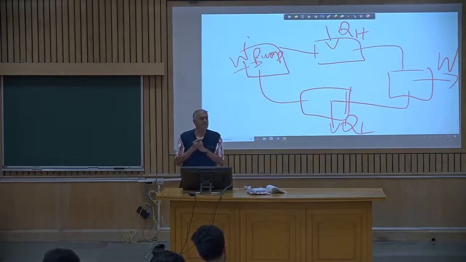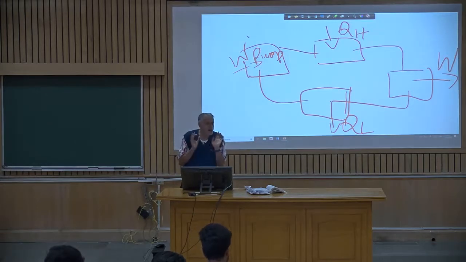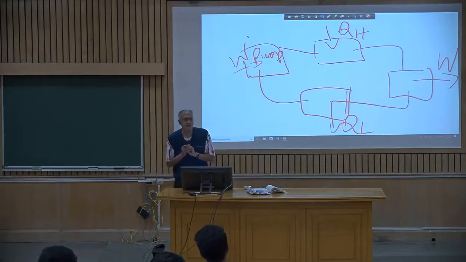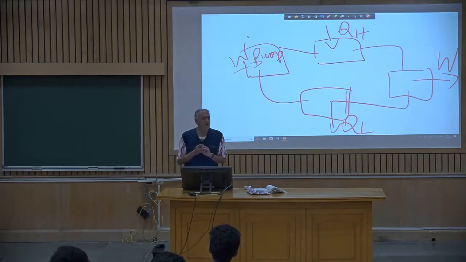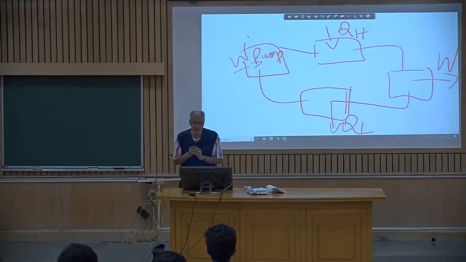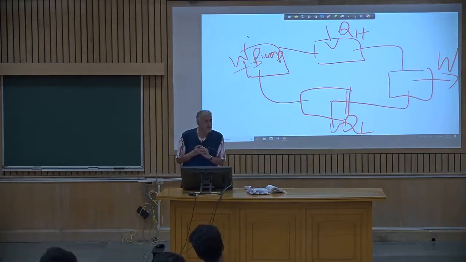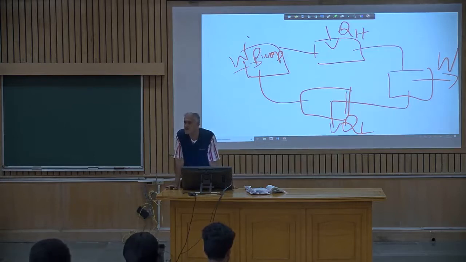So what are you supplying as the input? QH. What are you getting out of it? Work. So W by QH, correct? W by QH. So can you write the work done in terms of heat?